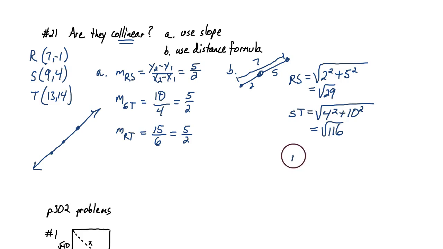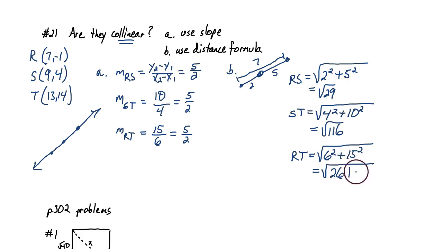Now let's get the distance from R to T. When we subtracted our x values earlier, we got 6. And when we subtracted our y values earlier, we had figured out it was 15. So this makes the square root of 36 plus 225, which is 261.